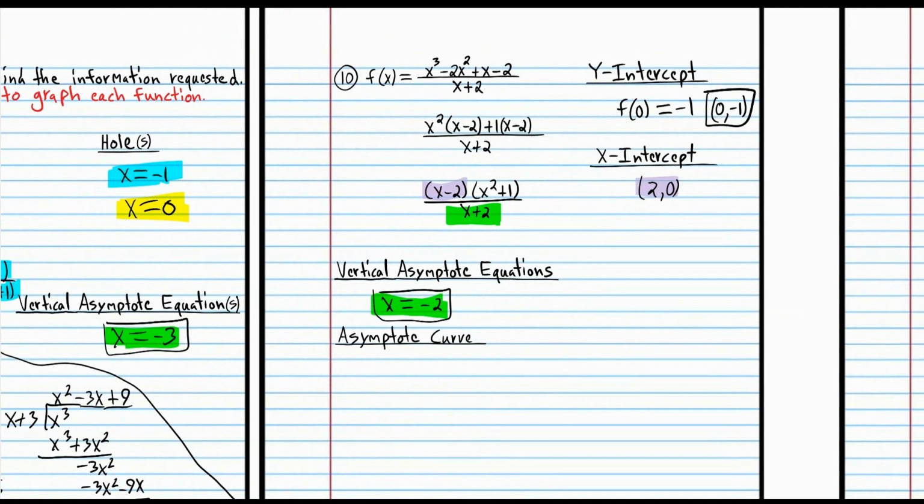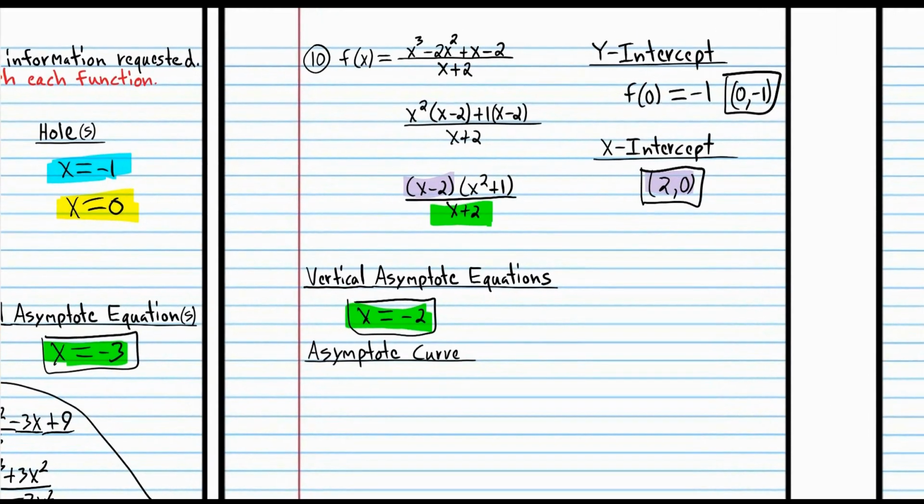Okay, so now we need to focus on the asymptote curve. So we'll take the original numerator there and divide by the denominator.